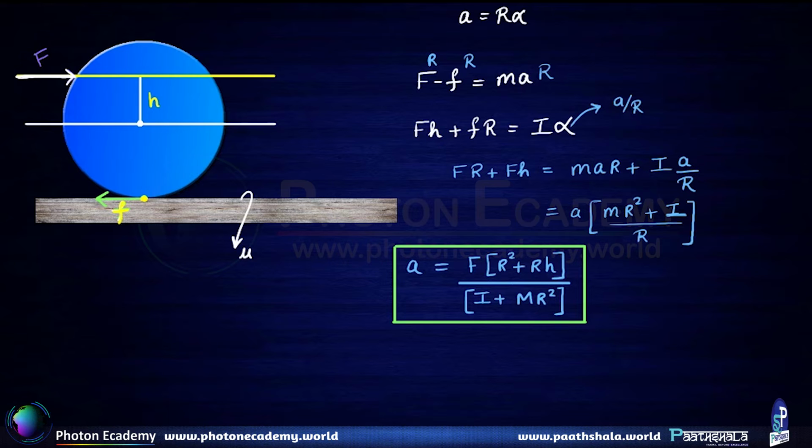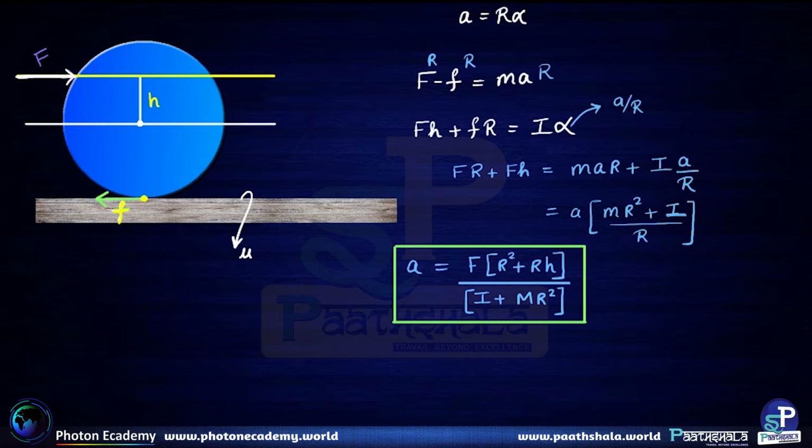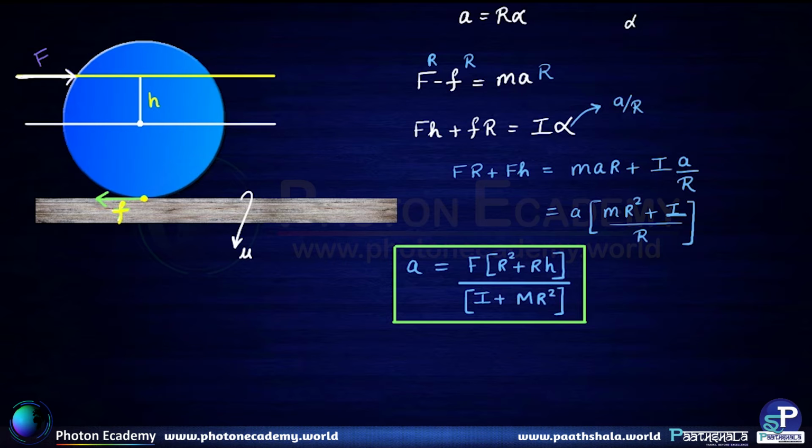Alright, now let us continue our analysis, and if we were to find out the angular acceleration, it simply is equal to a divided by r. So no need to find out or mug that up basically. If you just divide this by r, we get F into (r plus h) upon (I plus mr square), that is going to be alpha. Now I'll just write down the expression of alpha over here. Alpha is going to be equal to a divided by r.